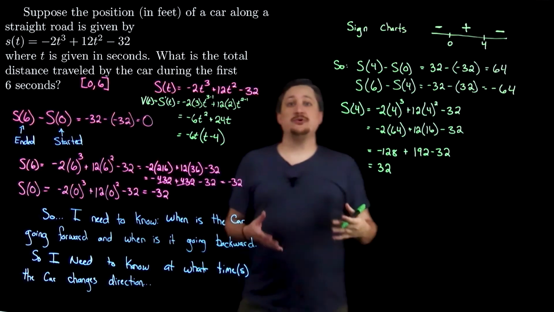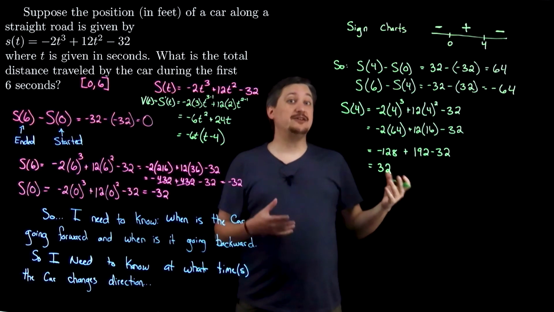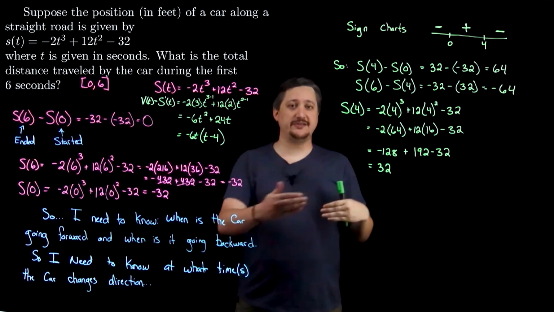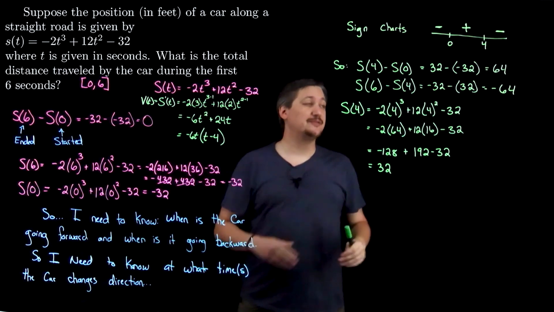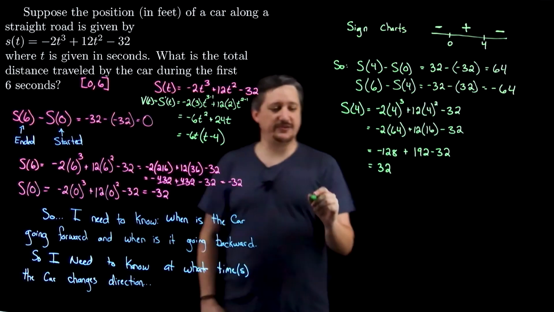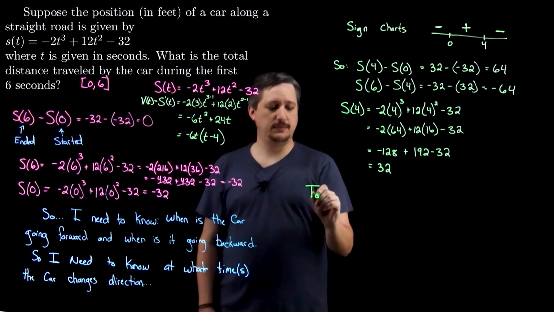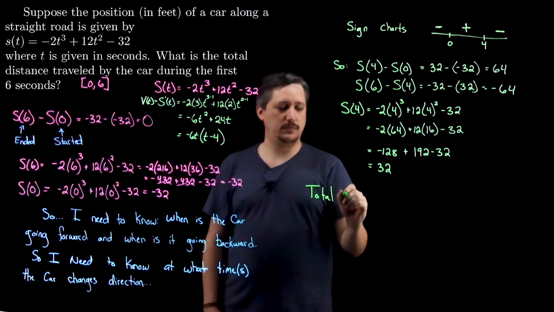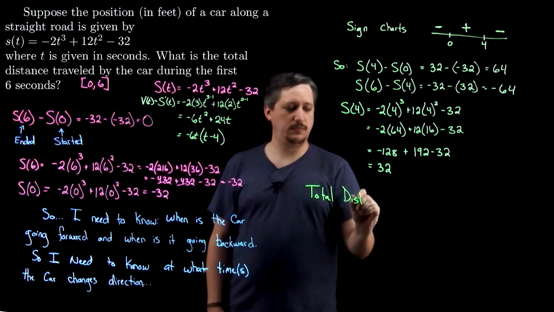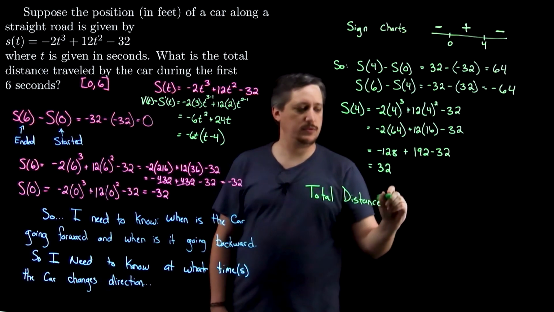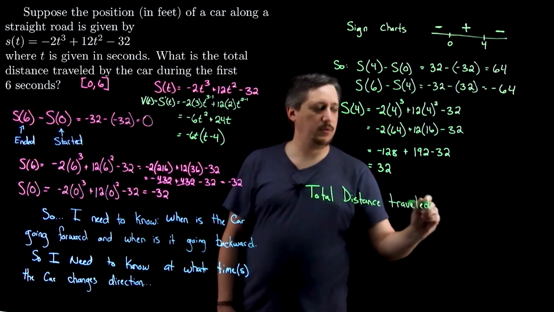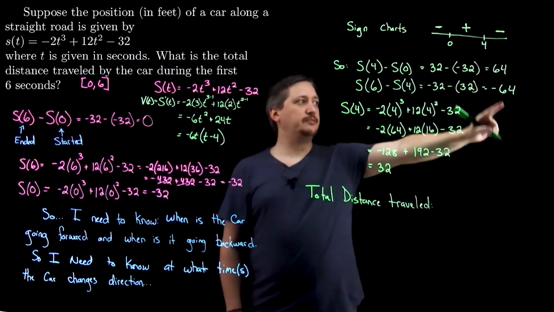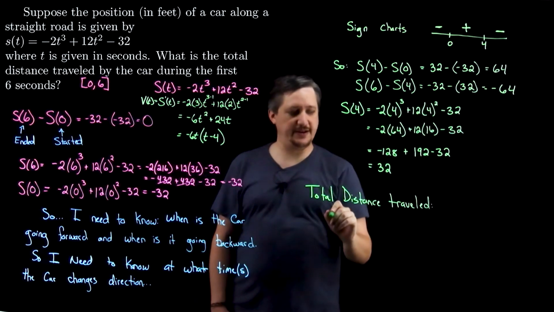But remember, when I want total distance traveled, I want to add up the absolute value of these things. I want to add up all the distance as some sort of magnitude. I don't care about the direction, right? So really, my total distance traveled is going to be the absolute value of each of these things added together.